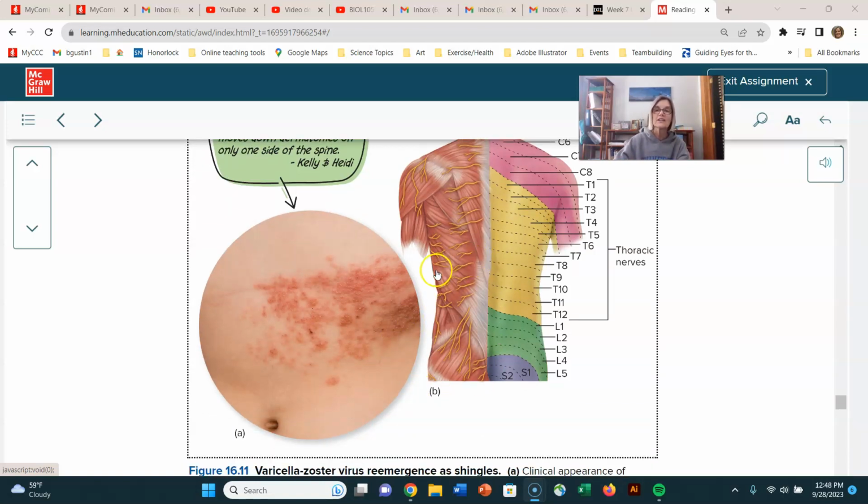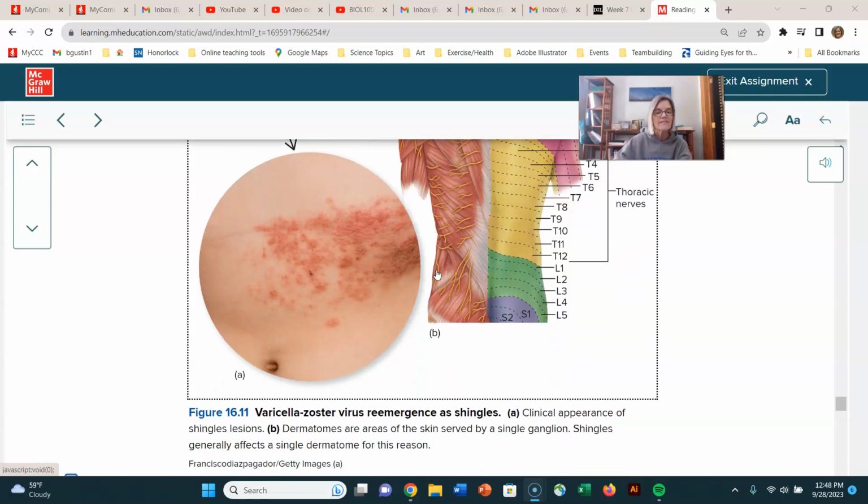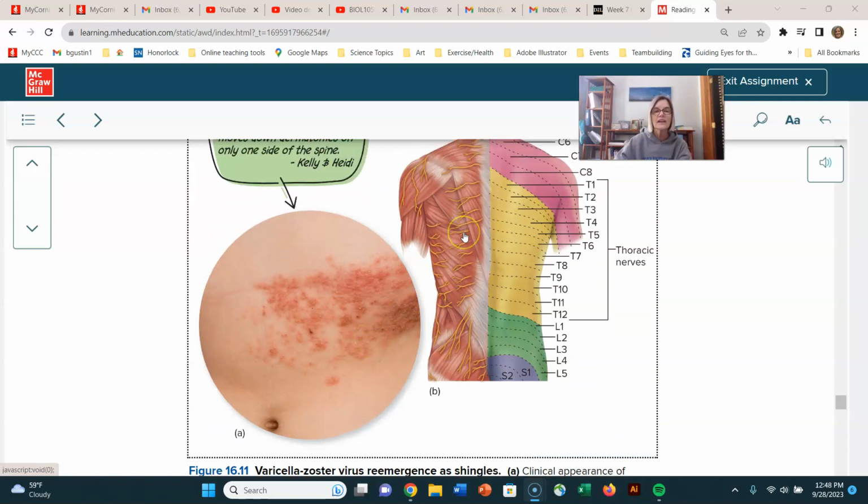So chickenpox and shingles are the same disease, caused by the same virus. Chickenpox is the active varicella zoster virus, and shingles is caused by the latent virus becoming activated. One thing you would know if you had shingles is the rash doesn't come out all over your body.